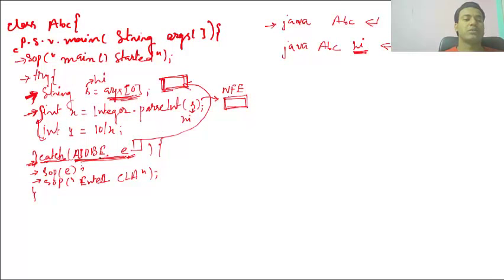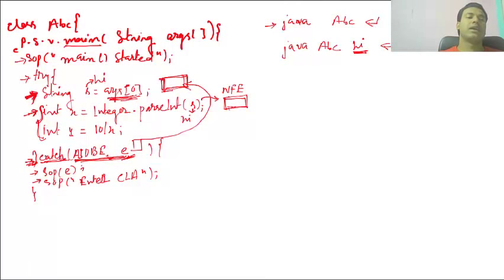So the JVM will check: okay, a catch block is found, but this catch block cannot hold this object because the type is not matching. So what will happen in this case? The object flows to the caller, and in this case, since it is inside the main method, the caller is the JVM, and this object moves to the JVM. So this exception is not going to be handled.